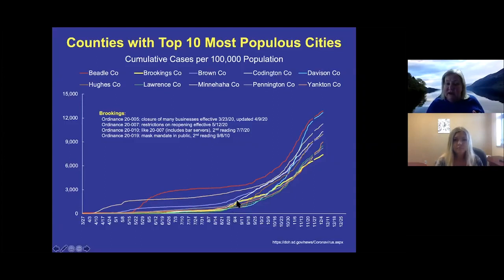Brookings slows down and Cottington continues to increase to where now they're the fourth highest county, whereas Brookings slowed down. And you can see this blue one, Davison County's past them. They're really picking up here.